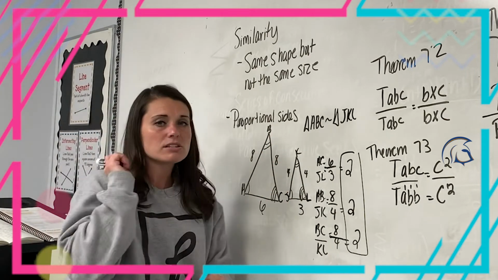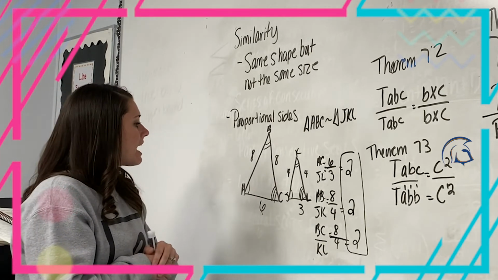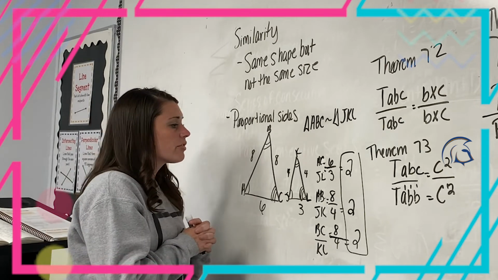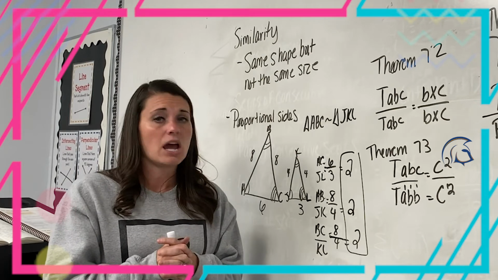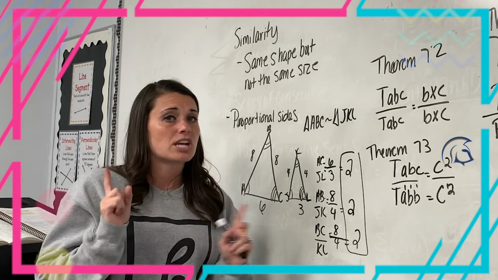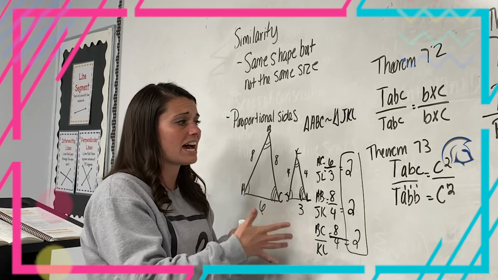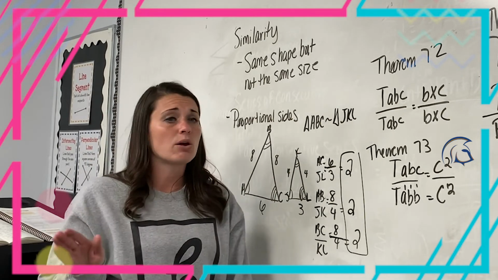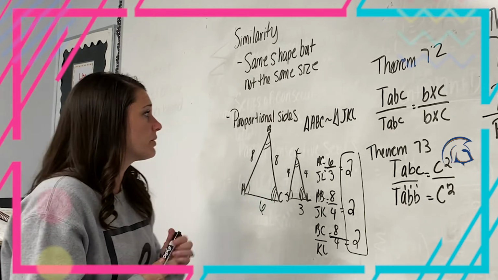Now, if you get two figures and their angles are not the same, say for instance in a triangle, you have a 30, 60, 90, and then you have a 45, 45, 90. Those angles are not the same, so those two shapes would not be similar automatically. You don't even have to put the sides over top of each other to test to see if they're proportional. If the angles are not the same in both triangles, it is not similar, as simple as that.